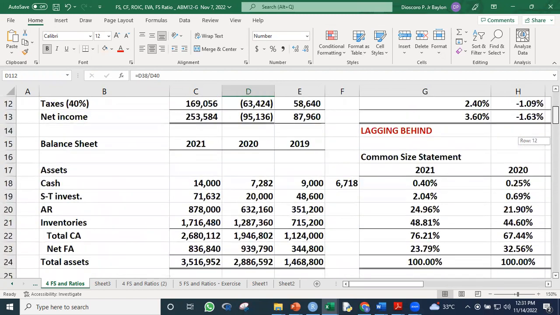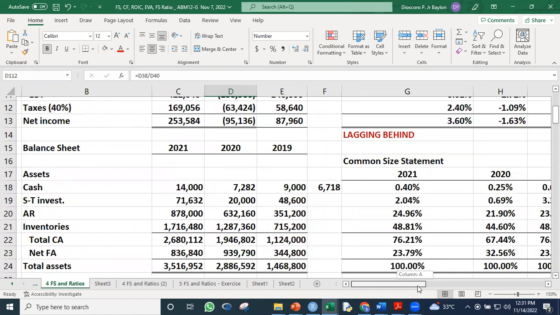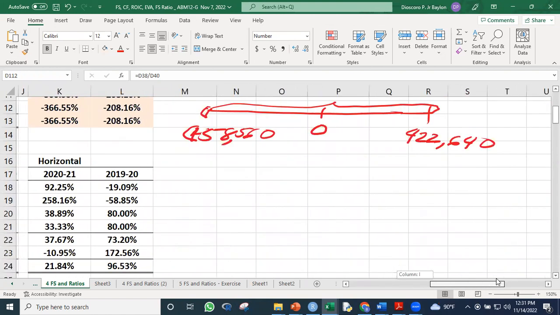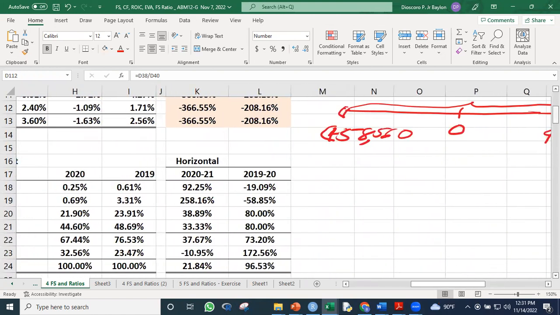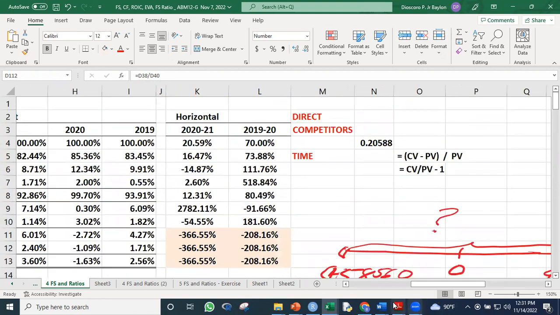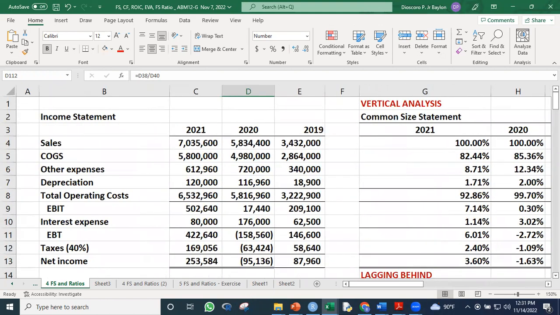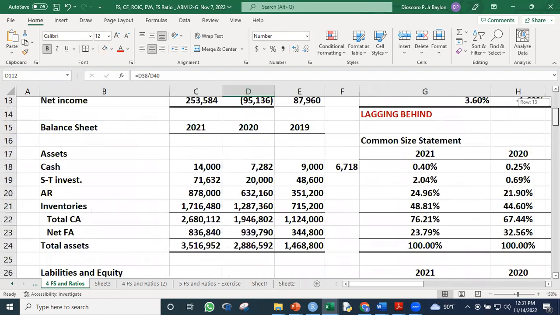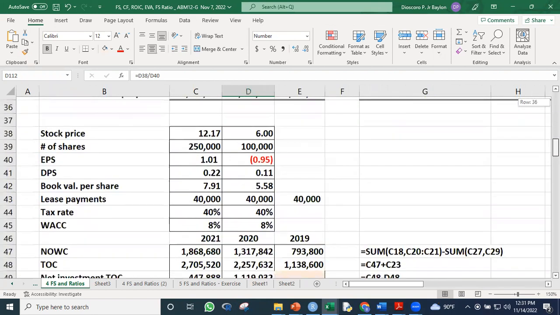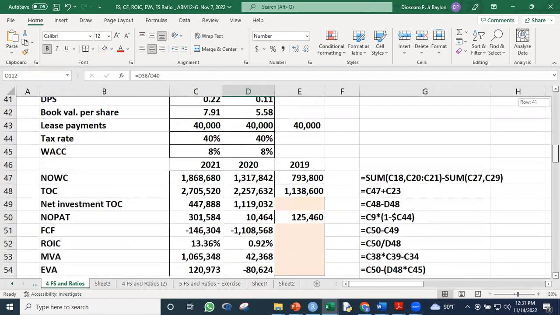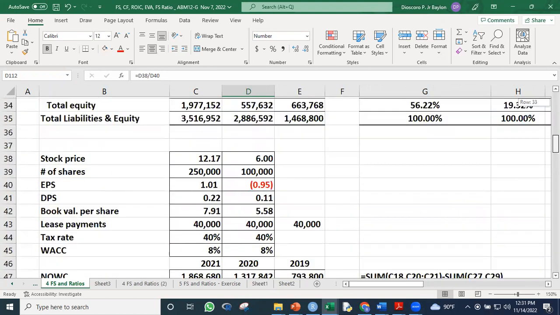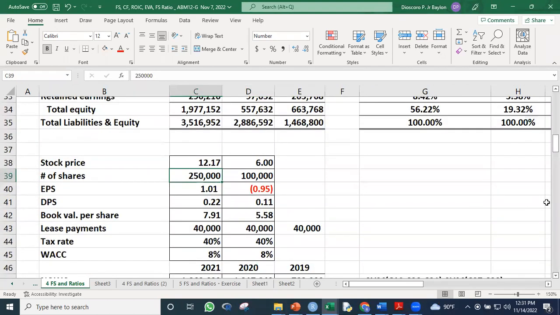Let's just get it from the net cash flow, no? Wait, was the number of shares given? Given po yung number of shares. 250 po. Yeah, okay.